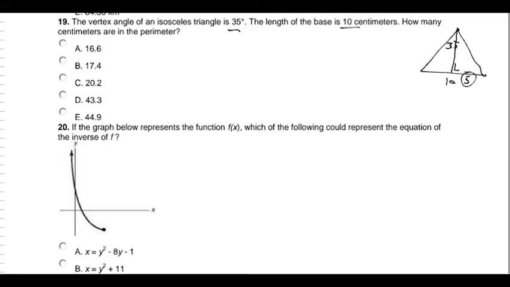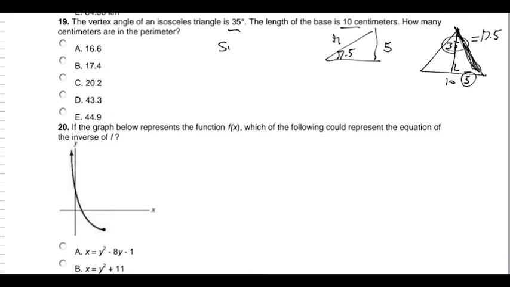Now let's look at that on its side and split the angle at the top. So we'll split the 35 into 17.5 by 2. So 17.5 and then 5 opposite. Alright, so now we're going to get the hypotenuse because we want to get the side of the triangle, which is the hypotenuse. So if we have the opposite and the hypotenuse, we can use the sine function.